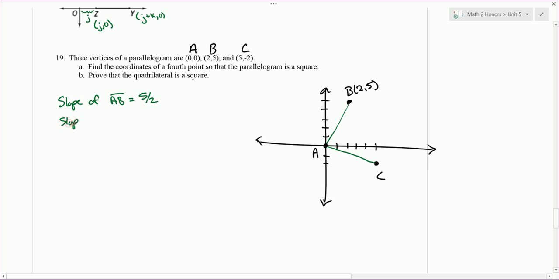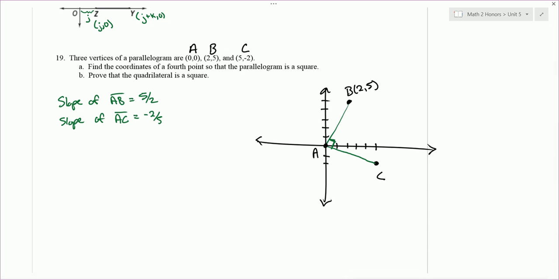And the slope of AC, rise over run, is negative 2 over 5. Okay. First of all, notice they're opposite reciprocals, so they're perpendicular to each other. And I'll mention that a little bit later too, so I can put a 90-degree angle there.